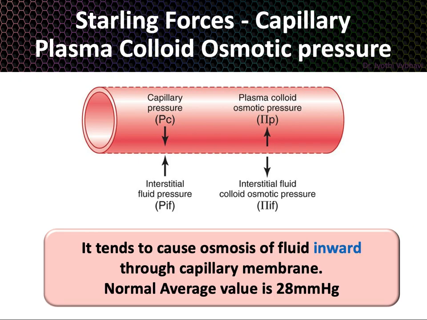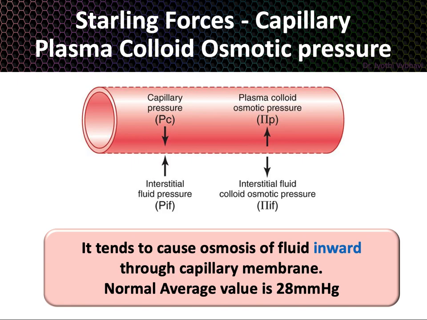Coming to capillary plasma colloid osmotic pressure, one more pressure which is present in the capillary. There are molecules, ions or plasma proteins that fail to pass through the pores of the semi-permeable membrane. Plasma contains some proteins that cannot cross this membrane, and because they cannot cross, you remember osmosis. Whenever there's an impermeable solute present, it exerts an osmotic pressure.